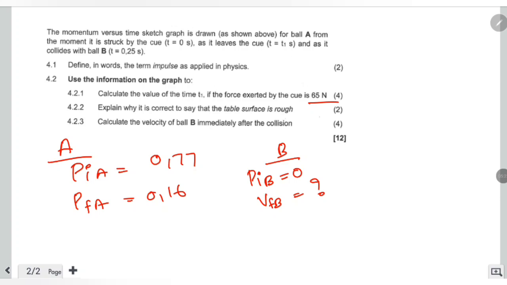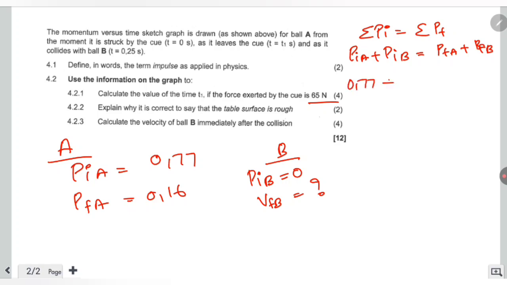So what can we use? Sigma pi is equal to sigma pf. Initial of A plus initial of B is final of A plus final of B. Initial of A is 0,77 plus the initial of B, which is 0, since it was at rest.